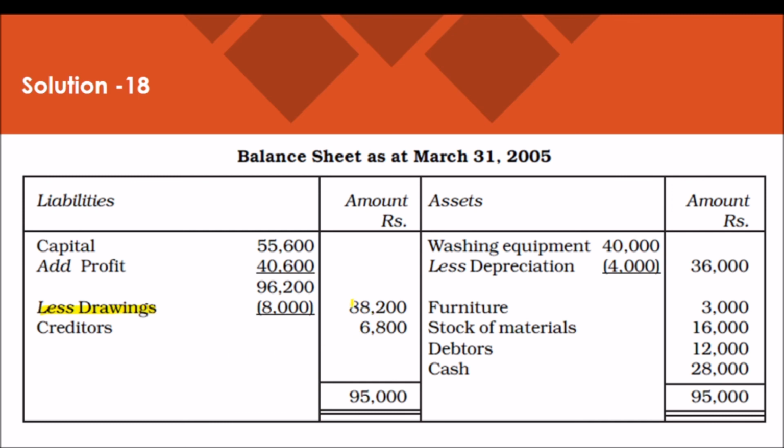So 88,200. And creditors closing value is recorded, 6,800. Please find the total. You will get 95,000 on both sides. That shows the financial position is a good, balanced one.